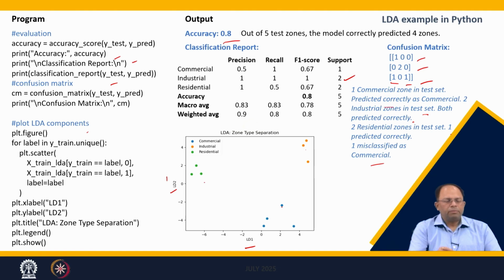We do this scatter plot for label in y_train dot unique, plotting the values, and we get this plot where you can very easily see that the classes are separated. As we already know for LDA, the more the separation, the better. So along LD1 and LD2 the data gets properly separated so that classes can be predicted.